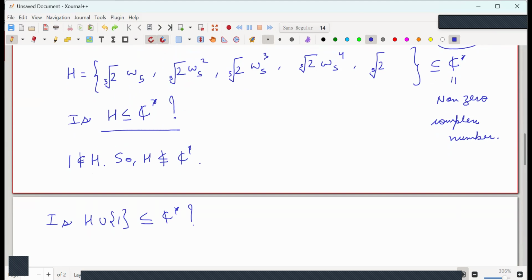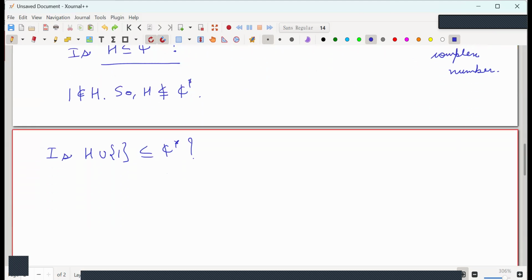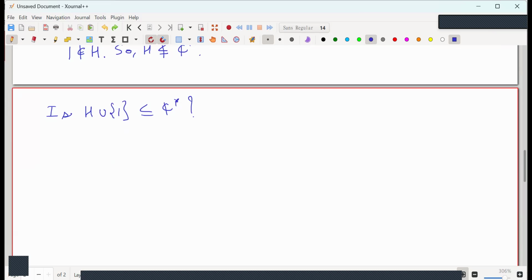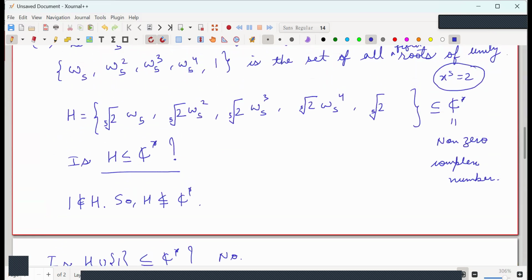So it is not closed under multiplication, right? Yeah, the modulus keeps increasing. You are right.